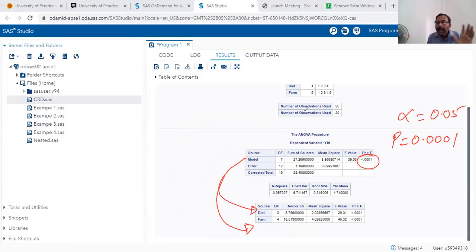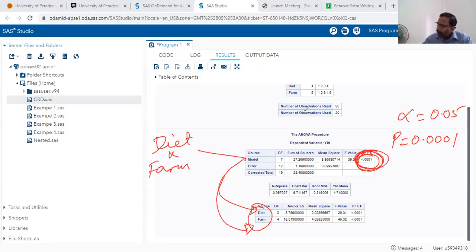But here we cannot take the decision based on why the model is significant. We want to go individually and see whether the treatment is significant. That is our main aim. Sometimes the model may be significant, but the treatment may not be significant. Why? Because the model is diet and the farm.